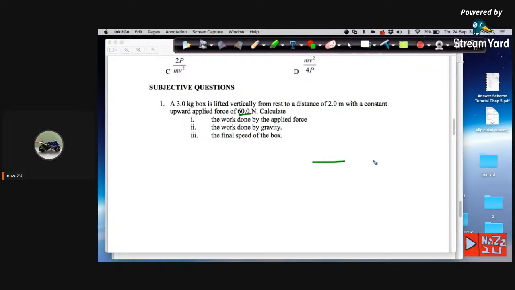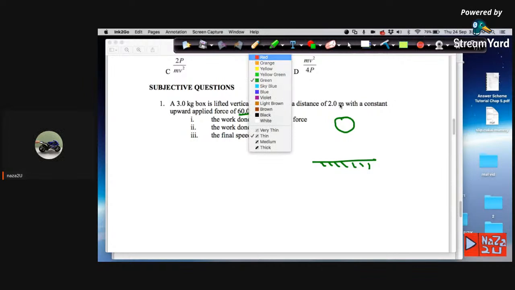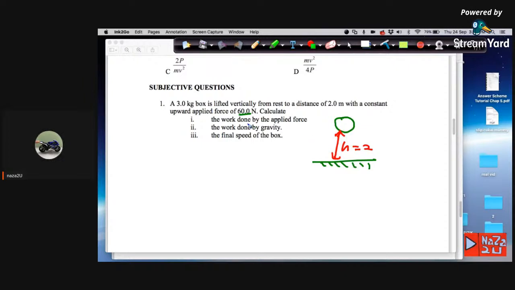So let's say you have, this is a ground surface and the object lifted to a height of 2 meter, right? This is height of 2 meter. And the mass of the object is 3 kilogram. And the work done by the applied force.